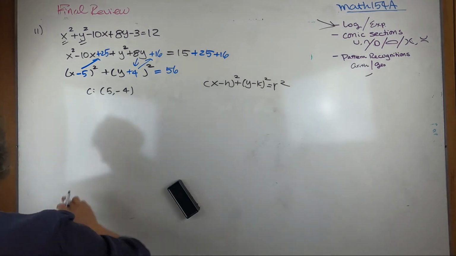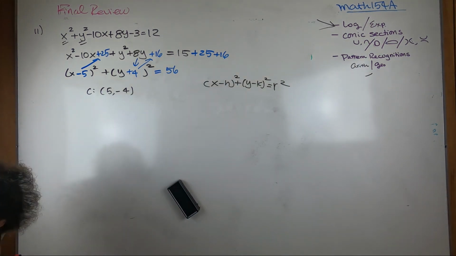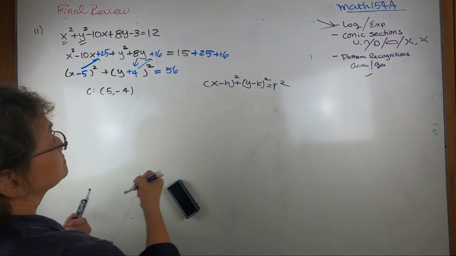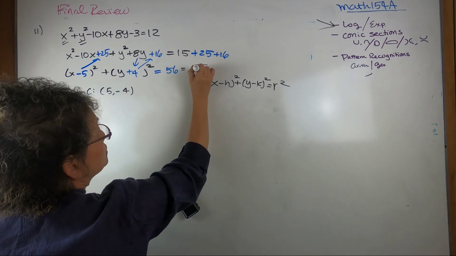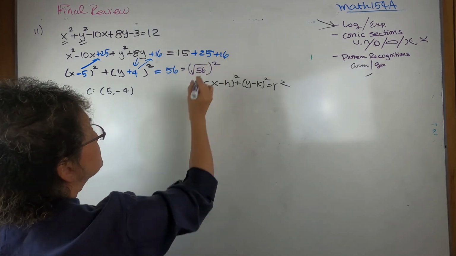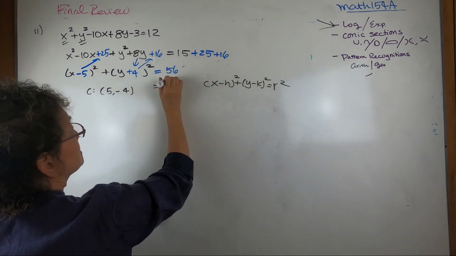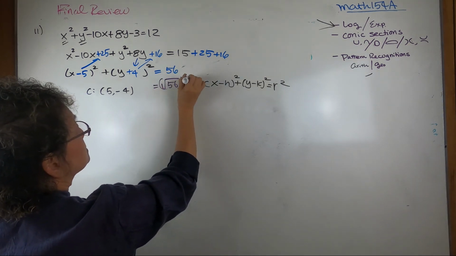Then we have to write this as r squared. So 56 is what squared? Square root of 56 squared. Okay, let me write it here. Equals square root of 56 squared, right?